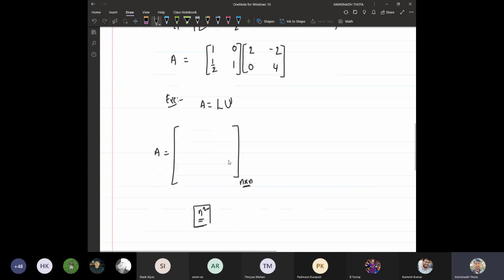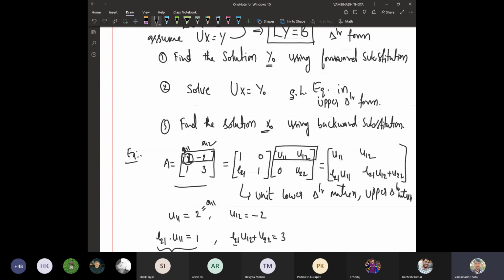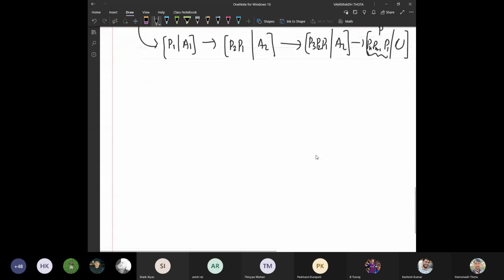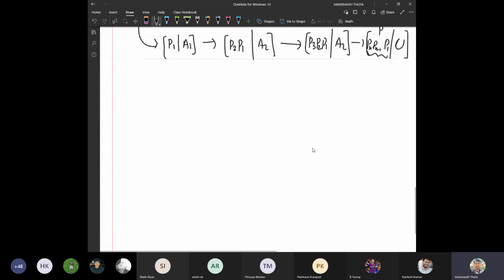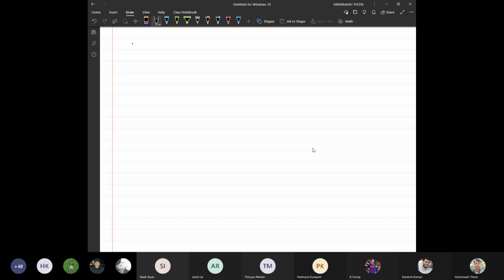For better understanding, let us do the 2 by 2 first, and then we will do some 3 by 3. So what is the matrix here? A is equal to 2, minus 2, 1, 3. Now how to do this?